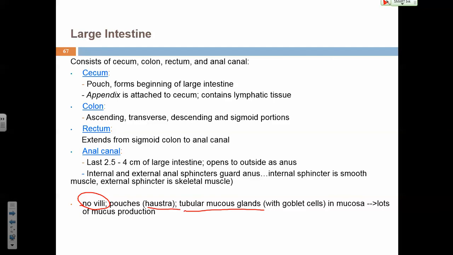While we're here on the anal canal, I want you to notice specifically the internal and external anal sphincters. The internal sphincter is smooth muscle. The external is skeletal. So the skeletal, of course, is what you would have conscious control over.